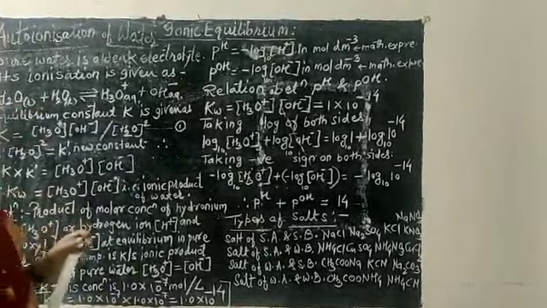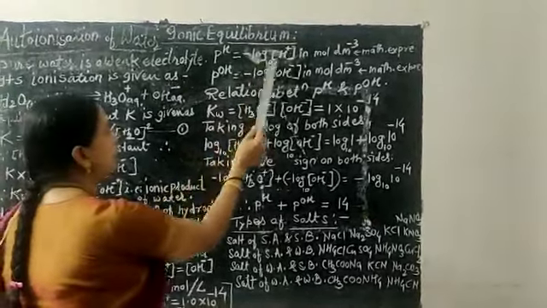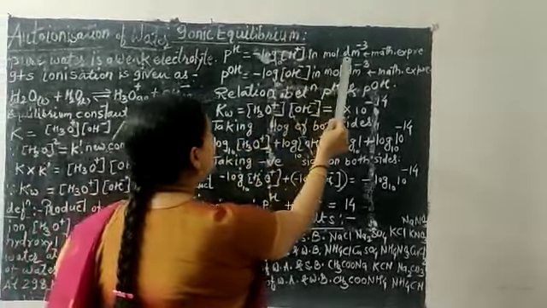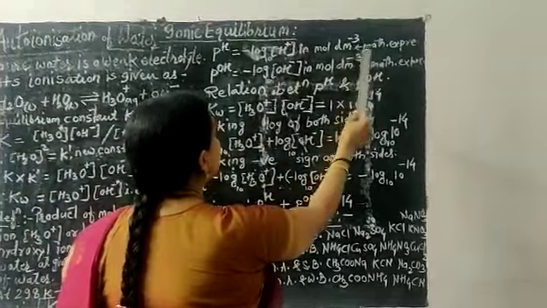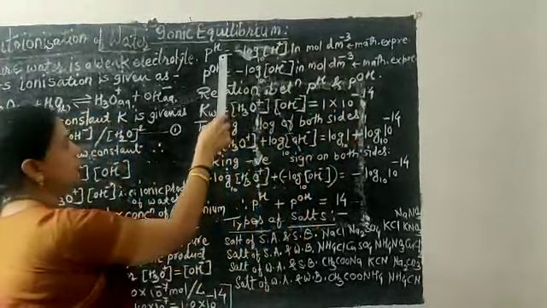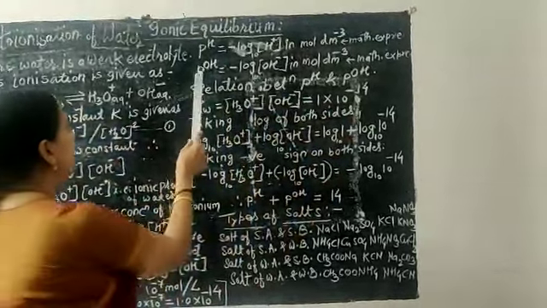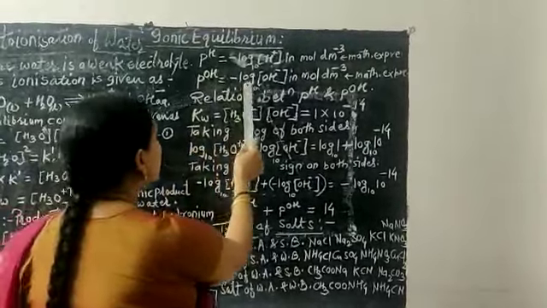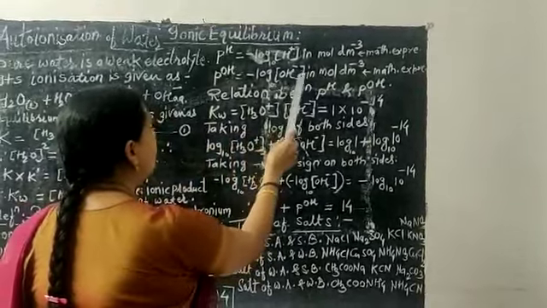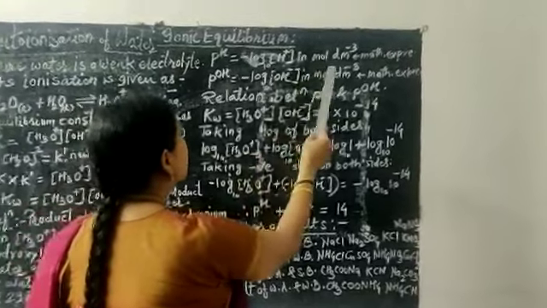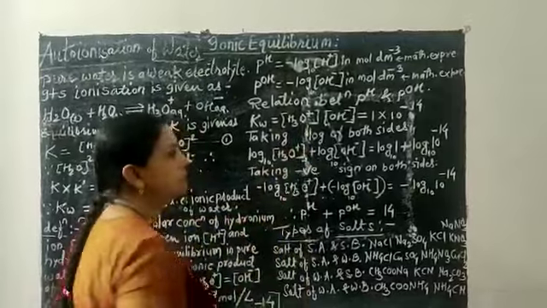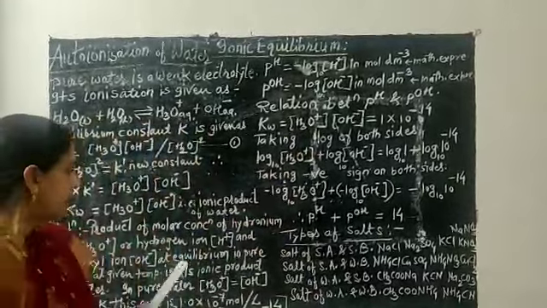The negative logarithm to the base 10 of the H plus ions concentration in mole per cubic decimeter is known as pH. Similarly, pOH is defined as the negative logarithm to the base 10 of the OH minus ions concentration in moles per cubic decimeter.